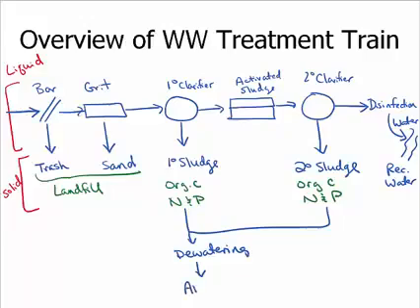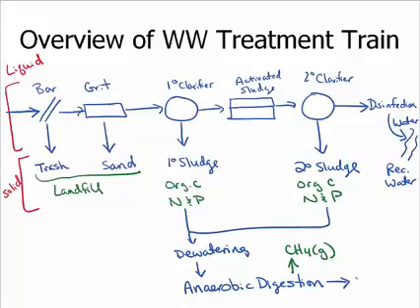But I'd like to emphasize anaerobic digestion in this class, which is a process by which the sludge will be broken down, pathogens will be killed, and it also generates methane gas. So anaerobic digestion produces biomethane, which can be captured as a biogas. It also produces sludge, or stabilized sludge.